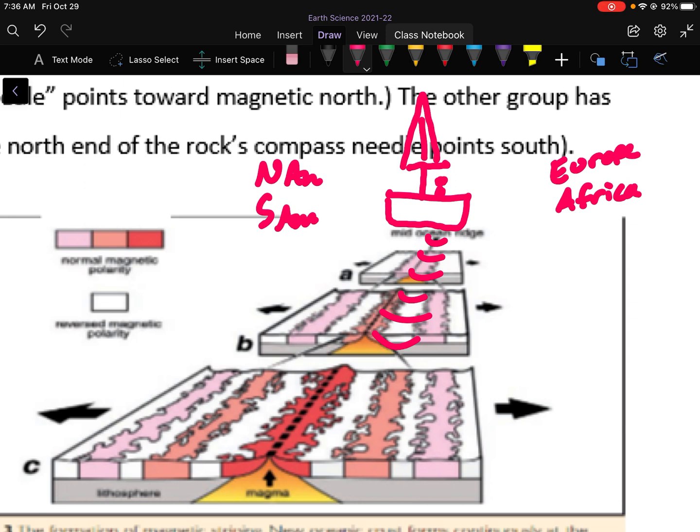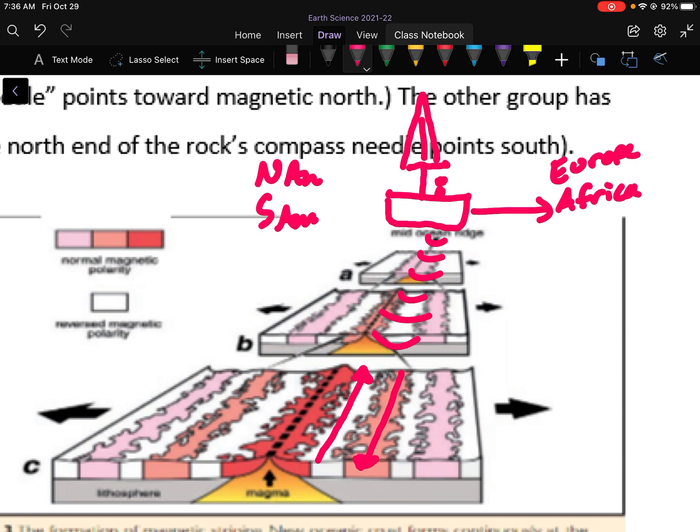So one weird thing that scientists discovered is that the magnetism of the rocks of the ocean floor had a strange pattern. As you're going from the center of the Atlantic Ocean over towards Europe and Asia, they found that the magnetism of the rocks pointed in one direction, and then that direction flipped.